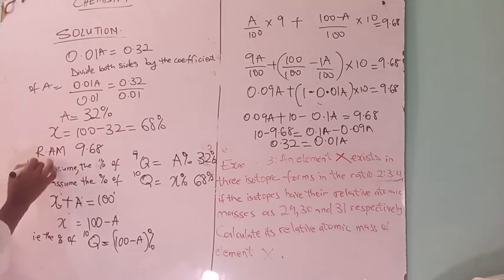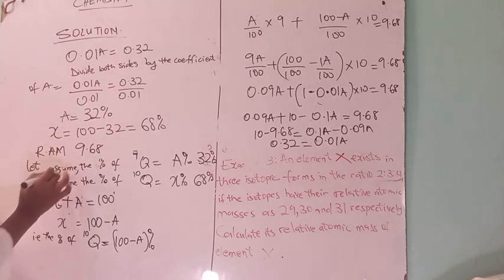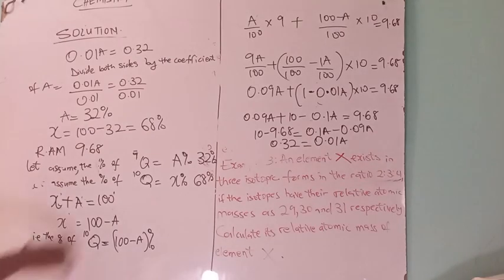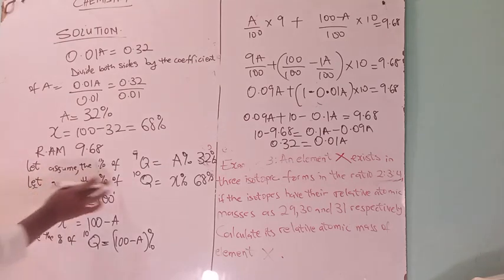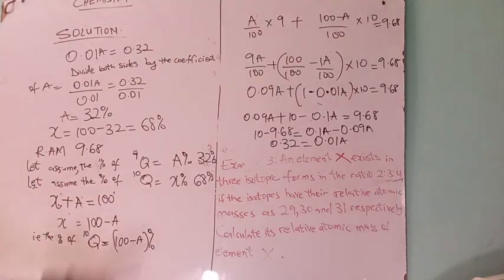Then we assume that the percentage abundance of the one with 9 is A% and the one with 10 is X%.